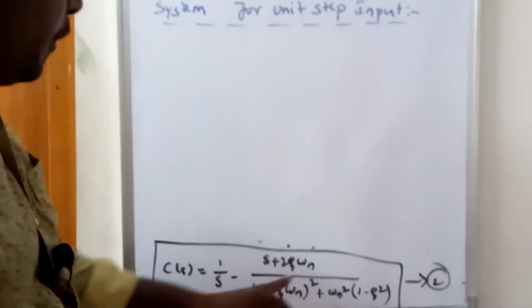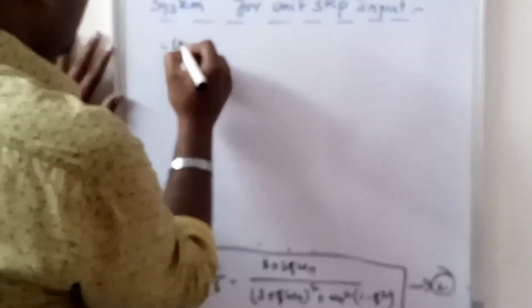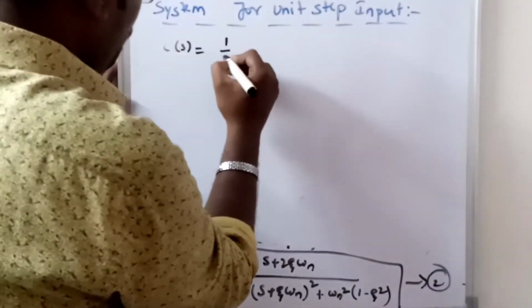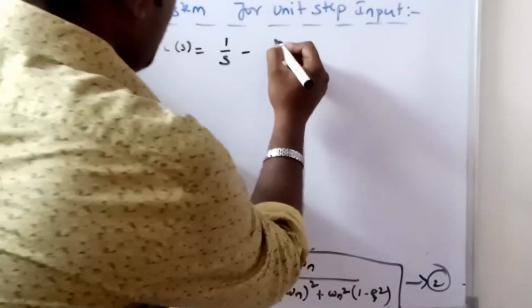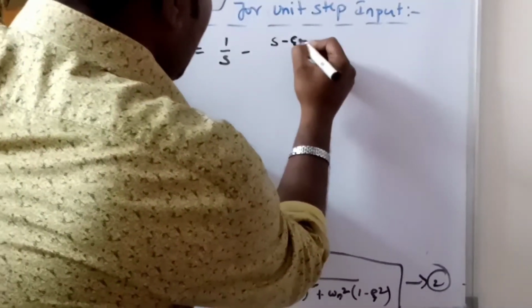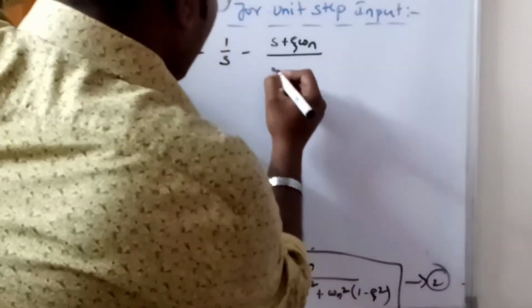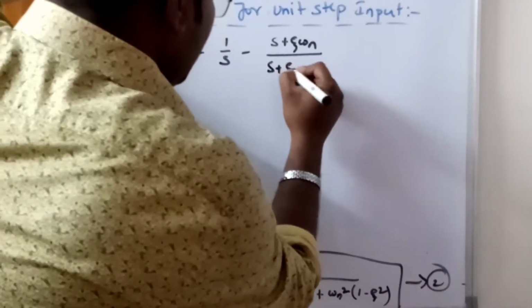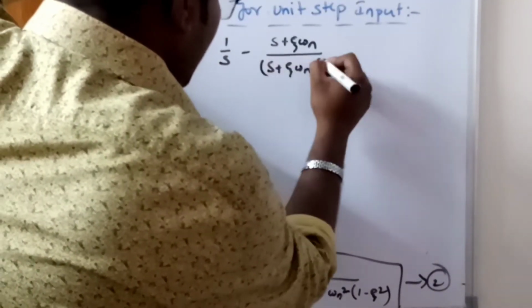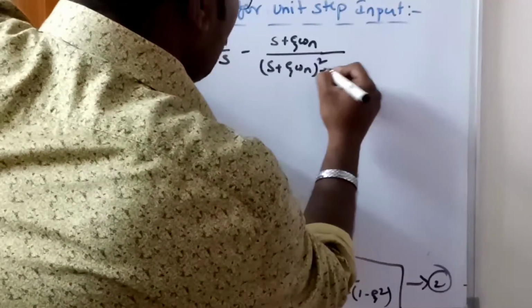Now we are going to split this term like this. C of s is equal to 1 by s minus, zeta omega n, s plus zeta omega n by s plus zeta omega n whole square plus omega d square. Why?